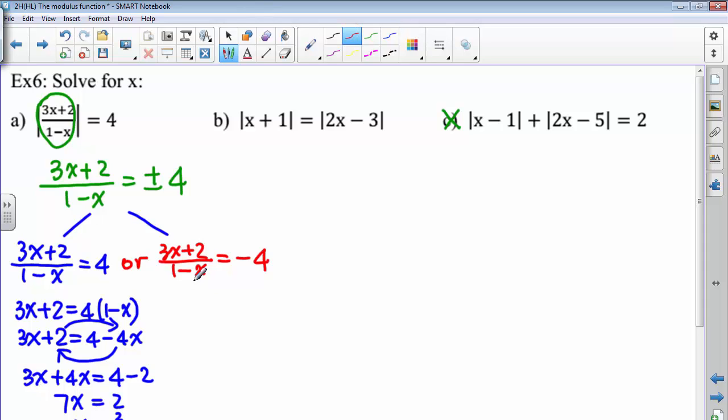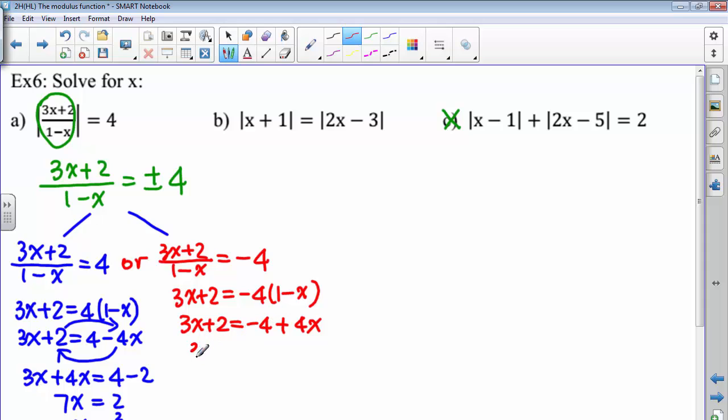Let's look at the red one. Exactly the same. We multiply both sides by 1 minus x, so we can get 3x plus 2 equals negative 4 times 1 minus x. Open the brackets here. 3x plus 2 equals negative 4 plus 4x. Isolate x term from the constants.